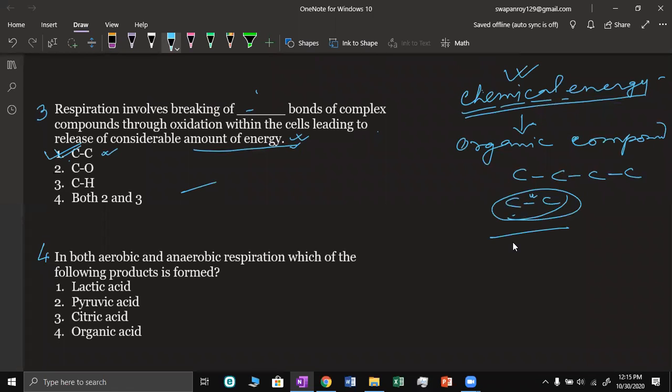From the options given here, which one is common for both types of respiration? Option 1 is lactic acid. This lactic acid is formed in lactic acid fermentation, and that is anaerobic.